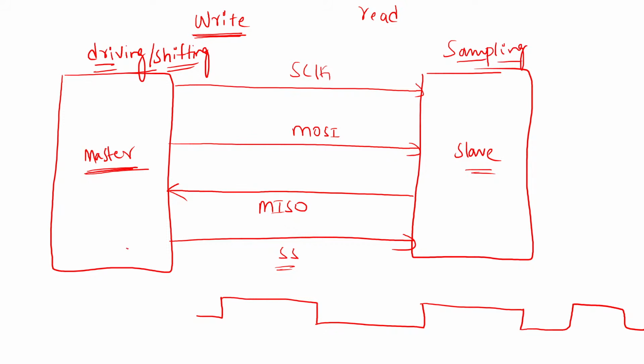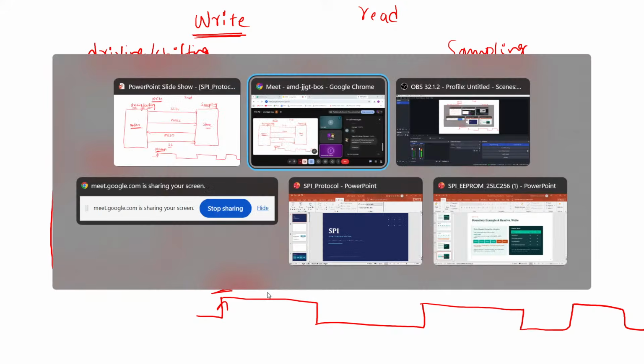Now, let's say I'm going to drive and sample at the same clock edge. D is nothing but driving and SAMP is nothing but sampling. If I drive and sample at the same clock edge, what is going to happen? Am I going to sample the data correctly?